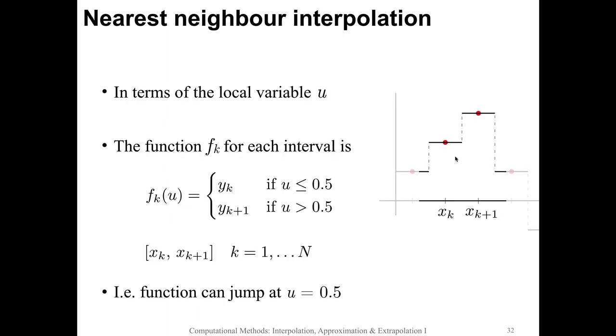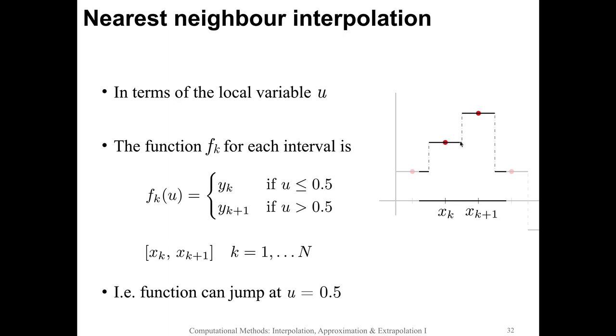So in terms of a local variable u, we can imagine there's a little interval here somewhere in our data between xk and xk plus 1. Then as we move gradually and continuously from xk up to xk plus 1, before we've reached the halfway point, in other words before u is equal to 0.5, the values assigned are all the same value as our previous knot point's value, in other words yk.